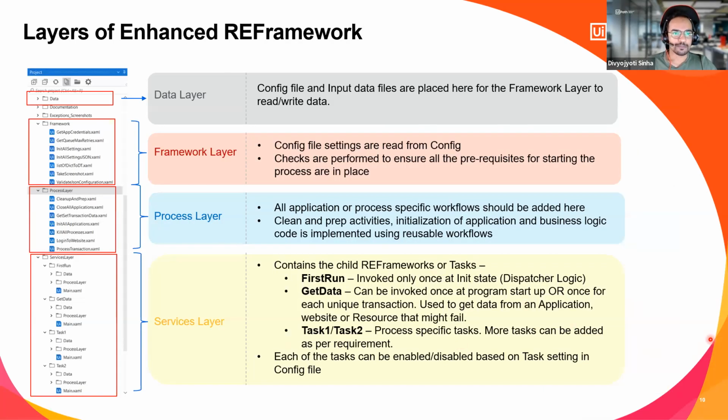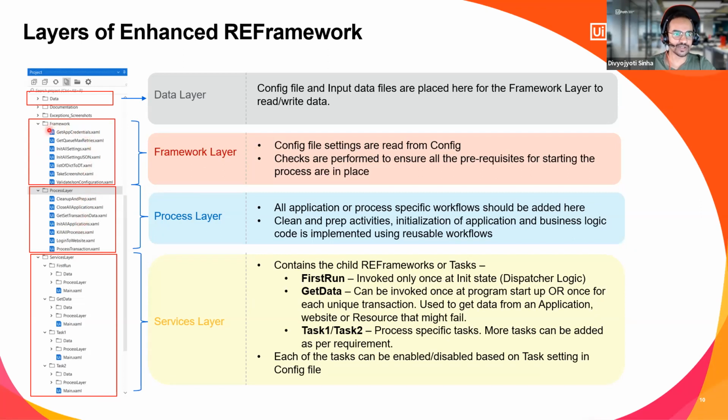Now we are going to jump into the layers of the enhanced RE framework. It has 4 layers, right? The earlier architecture of the standard RE framework had these layers missing.